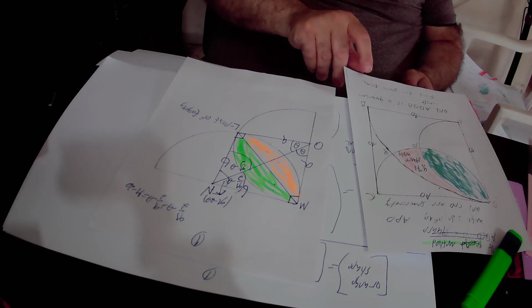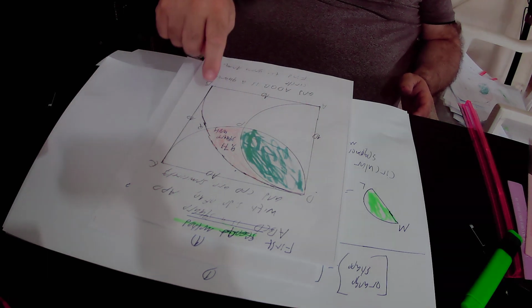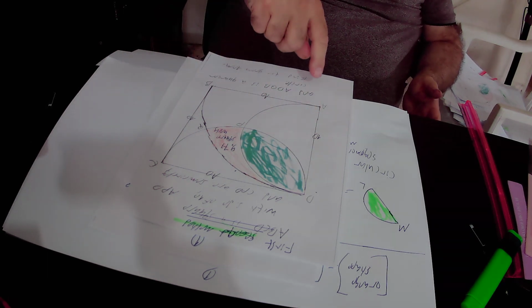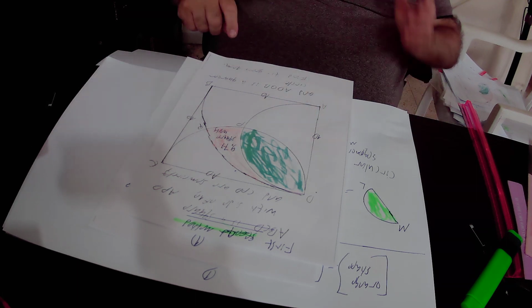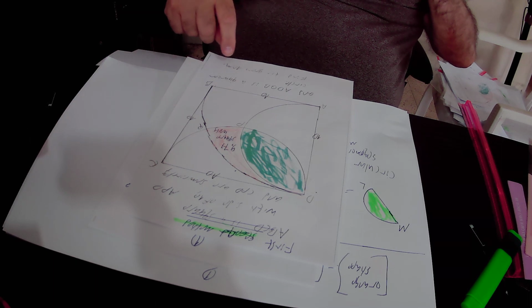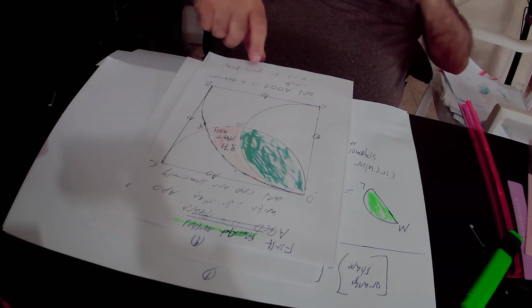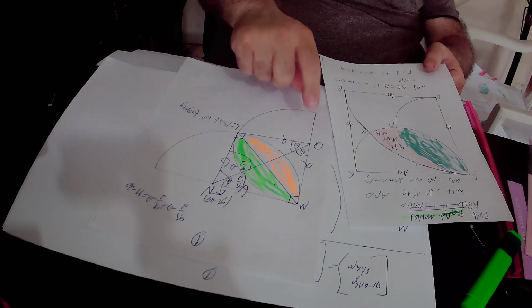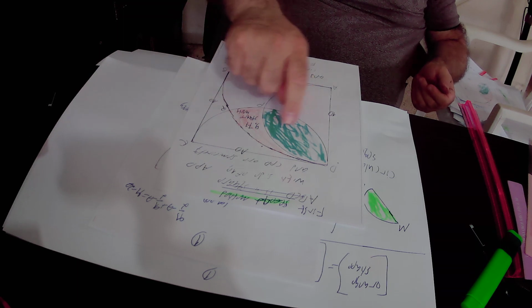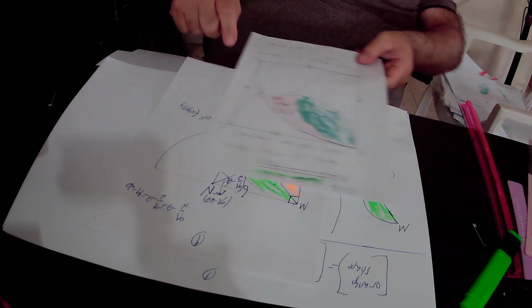And in the second case, the big lens was created by the intersection of the quarter circle with this semicircle. And here the radius of the quarter circle equals 10 units, so here A will be equal to 10, and the radius of the semicircle equals 5 units, so B will be equal to 5.